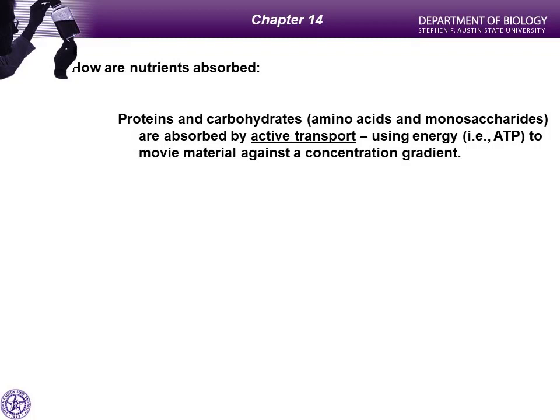Am I taking you back to Unit 1? Active transport, ATP. Is that uphill or downhill? Uphill. We're going against the gradient.